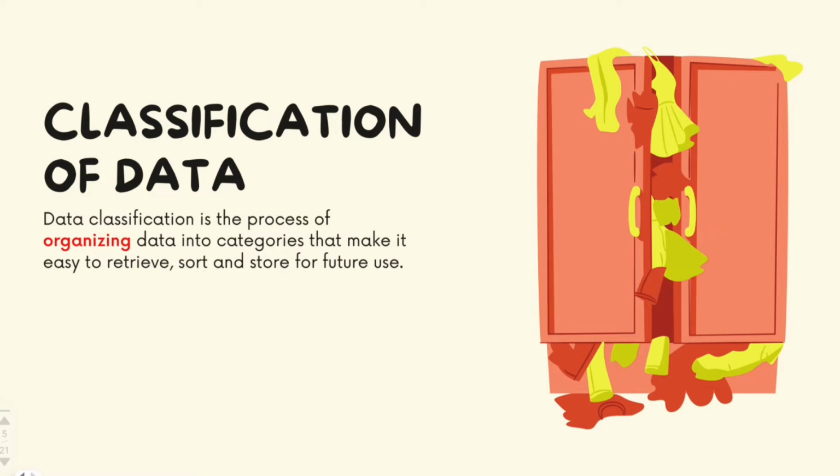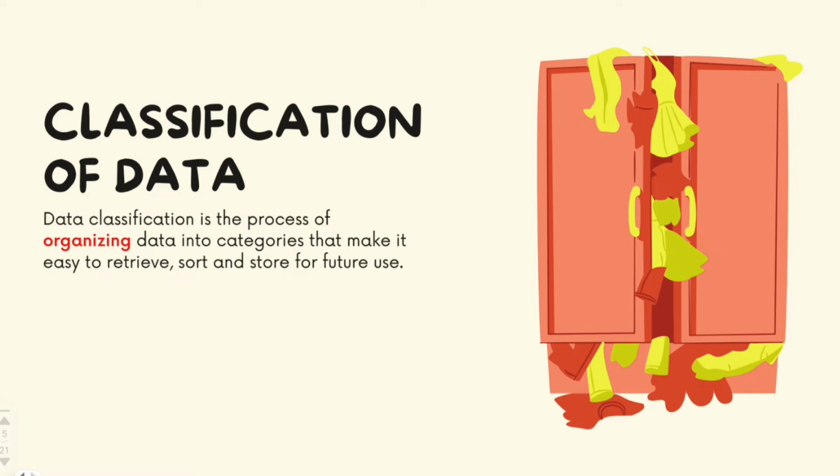So, what happens if our wardrobe is like this? It's very difficult to get hold of that one sock, right? Or that one tie which we were looking for. Or I know I had this pant with me, I can't find it. Now, what will I do? I'll have to pull all my clothes down and search, and then I lose a lot of time, right?